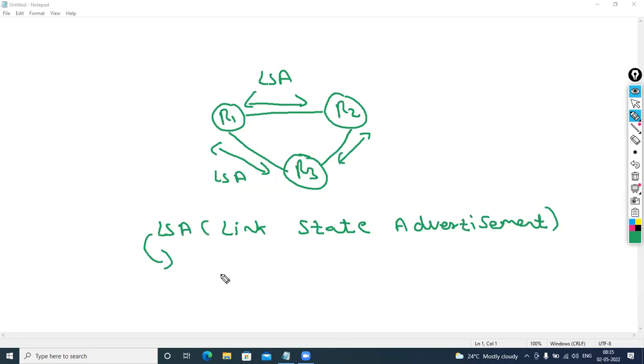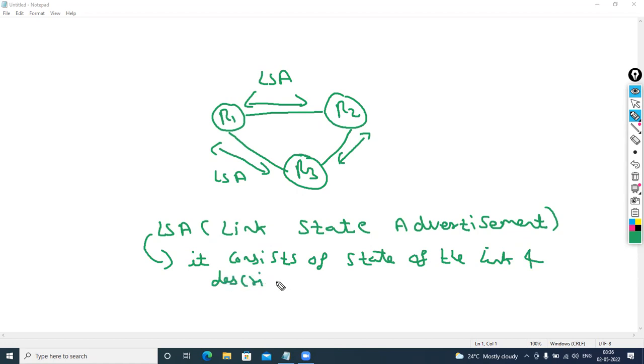It contains network topology information: the state of the link, meaning which type of link you are using, and the description of the link, meaning whether you are using gigabit, fast Ethernet, or Ethernet interface. That's all that is present in an LSA.